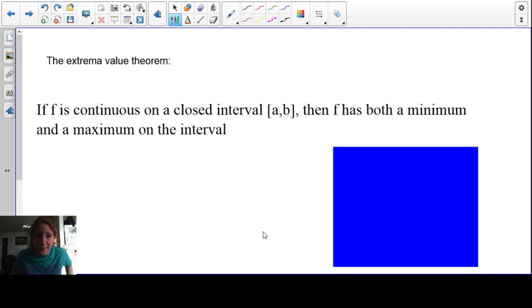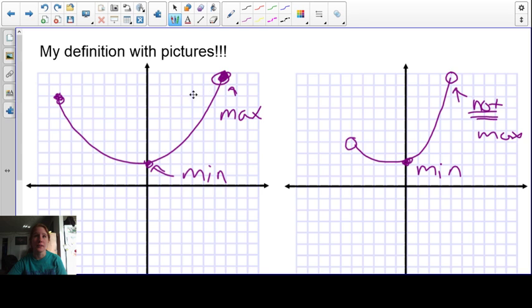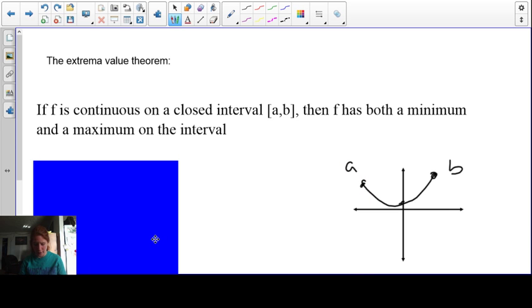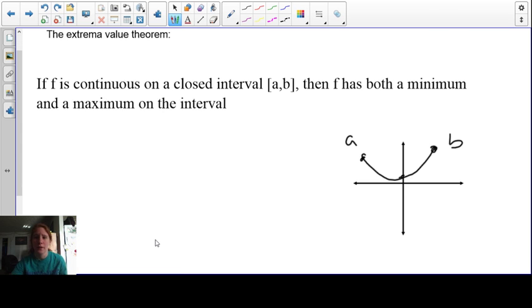Okay, so what that's saying is, if it's a closed interval, well, closed intervals mean something that looks like this. If you're on a closed interval from a to b, then f has both a minimum and a maximum on the interval. So, over here I have this little drawing that you're going to need to go ahead and do. Scroll down a second.